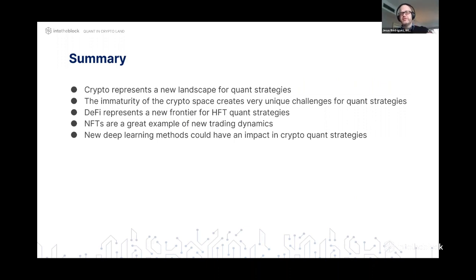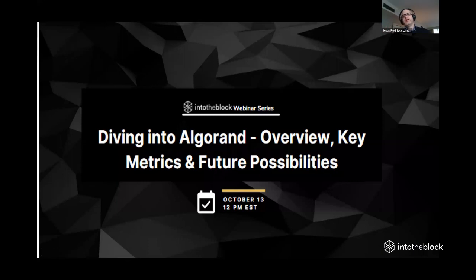When you think about NFTs from the quant perspective, think about it as a new type of asset class that doesn't trade based on the same dynamics as the underlying crypto infrastructure. And then there is a lot of stuff happening in deep learning that could have an impact in quant strategies for crypto.